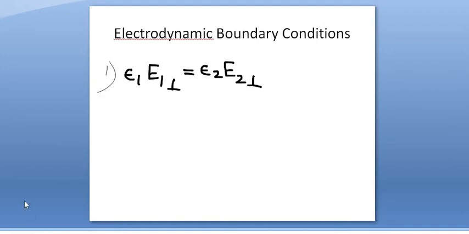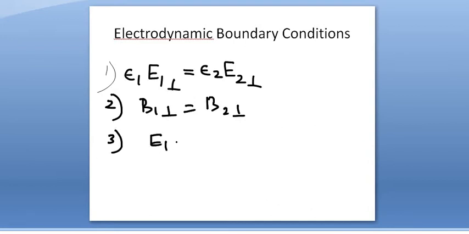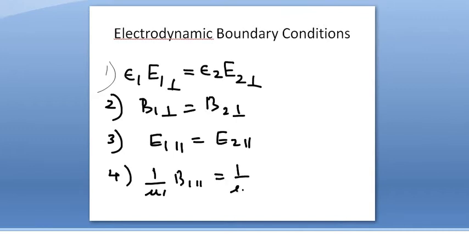The second boundary condition is B1 perpendicular equal to B2 perpendicular. The third boundary condition is E1 parallel equal to E2 parallel, and the fourth is 1 by mu 1 B1 parallel equal to 1 by mu 2 B2 parallel.